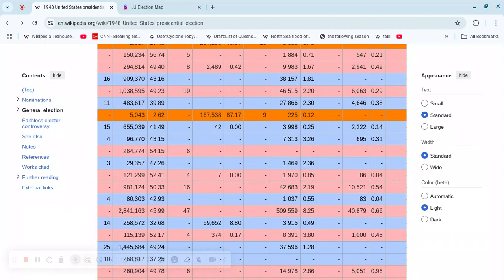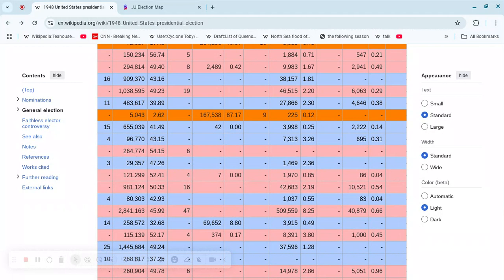Looking at this, we're not really even going to factor in the safe states for Democrats. We're just gonna start in the likely states and go down, because obviously safe states will be remaining safe under this. We're gonna start with some of the closest states in the election, and we'll continue going down this hole, seeing where they go, and then organizing them until we get to where Dewey would have gotten to 270 electoral votes.